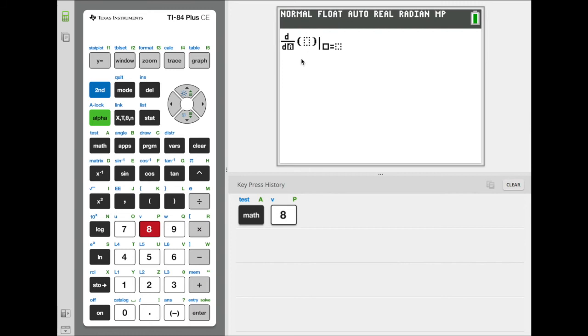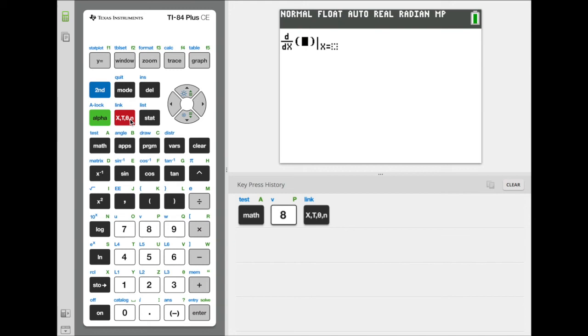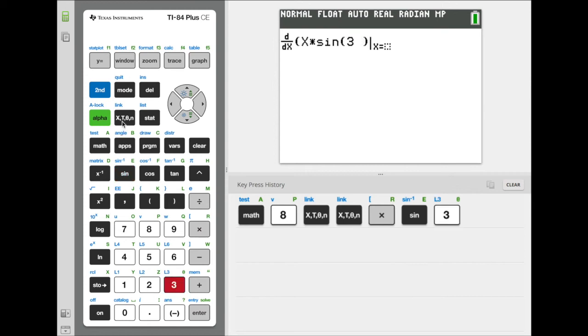And it brings up our derivative math type here if you're using a TI-84. In that, we're going to say we're taking the derivative with respect to x, and the function they gave us was x times sine of, looks like 3x squared, so 3x squared, and then minus 2.